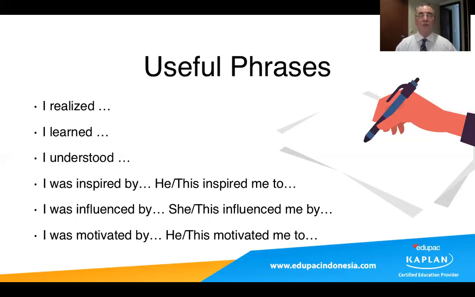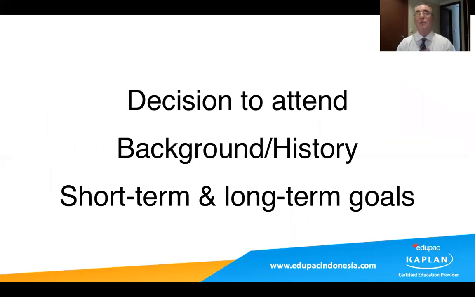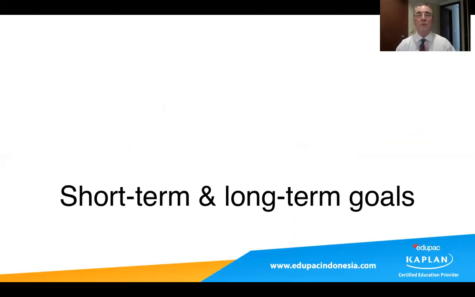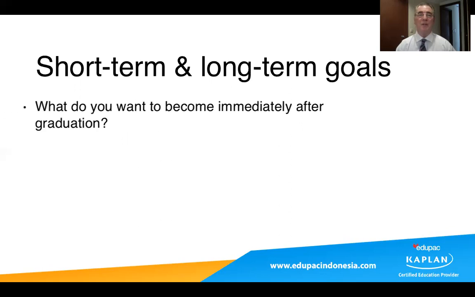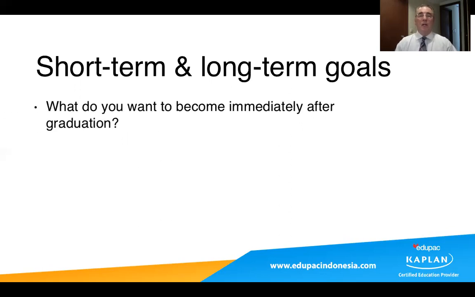All right, let's move on then to the final section, and I'll make some comments about that. Short-term and long-term goals. Here are some things to think about when writing this final part of the personal statement. First, you should declare in general terms what you want to become immediately after graduation, or another way to say that is what you want to do.